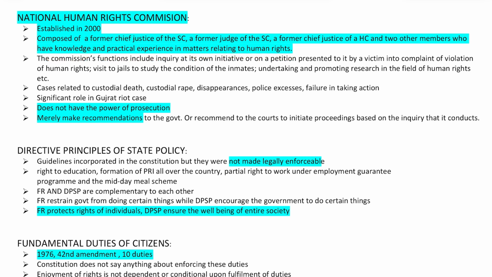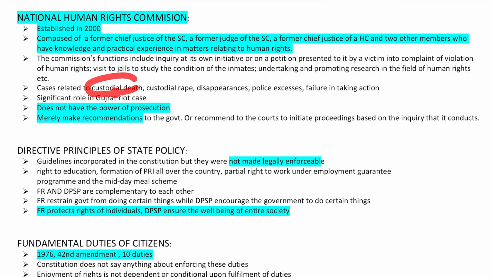The Commission's functions include inquiry at its own initiative or on a petition presented to it by a victim into complaints of violation of human rights. So it can take suo motu cognizance as well as somebody can present a complaint to it. Its function is also to visit jails to study the condition of the inmates, undertaking and promoting research in the field of human rights, etc.